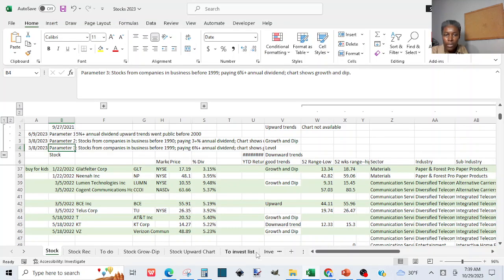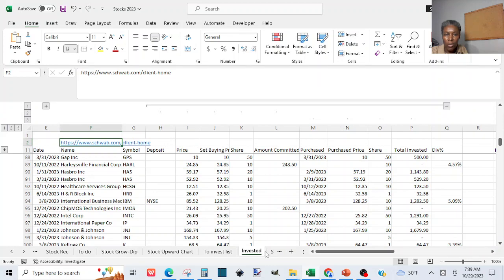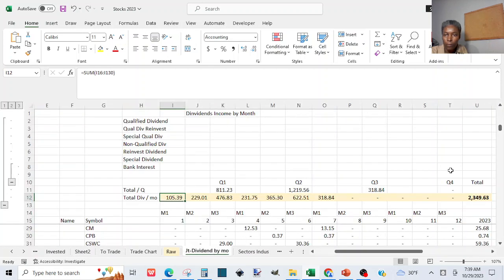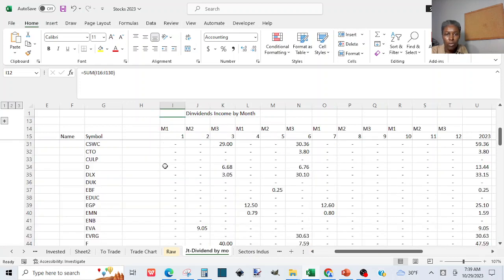When you see the list of your stocks that you already invested in, it will show you the company, the stocks, and based on the criteria, it will show you their low and their high.